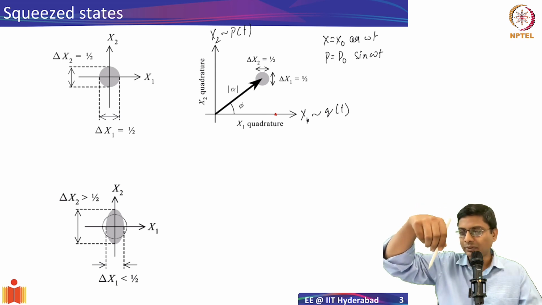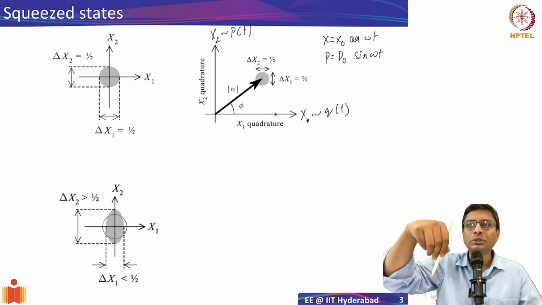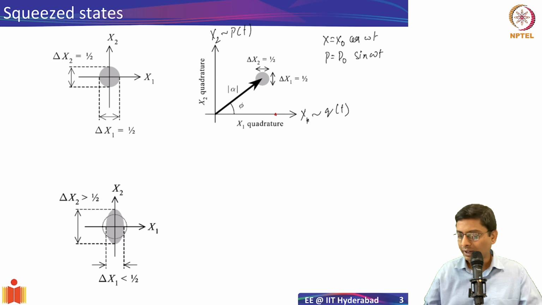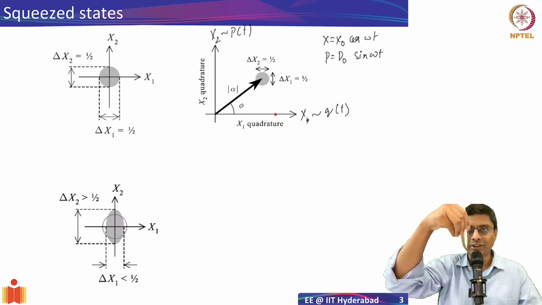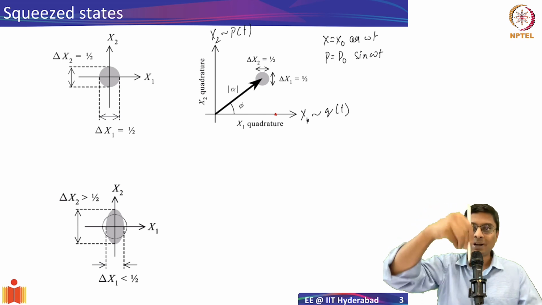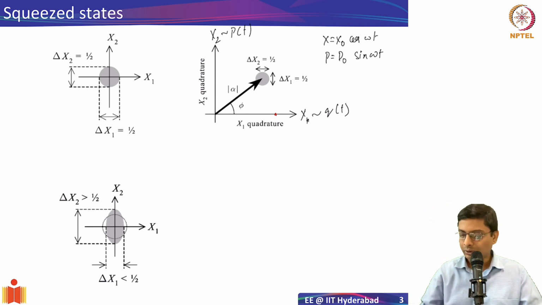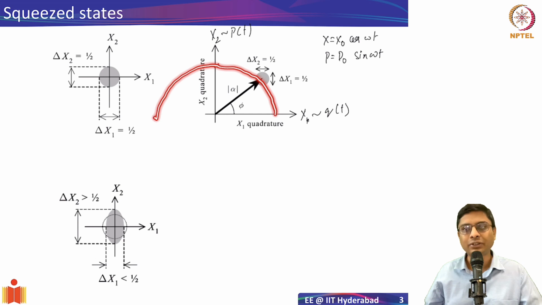If you wait for a quarter of the oscillation period, the pendulum will come down from the extreme to the center, where the velocity is maximum but the position is 0. So in effect, this point on the quadrature plot would have moved here, correct? In a quarter of the period it goes here, in half the period it comes here, where x becomes minus x naught and the momentum is again 0 at the other extreme.